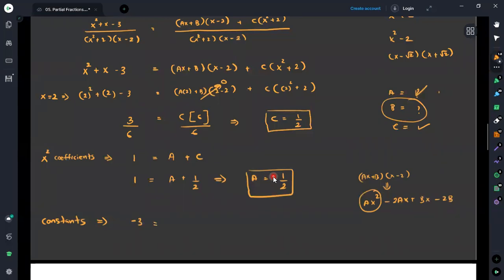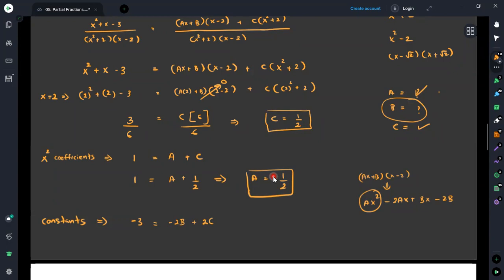On the right, the multiplication of these two brackets gives the constant minus 2b. Then plus, we get the constant as 2 times c.